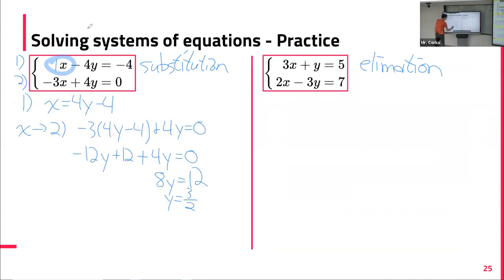Now our other variable. So we'll take y. Which one do we want to substitute that into? Second one? Okay, why the second one? For fun? Random? Because we eliminated in the first one, maybe we made a mistake.